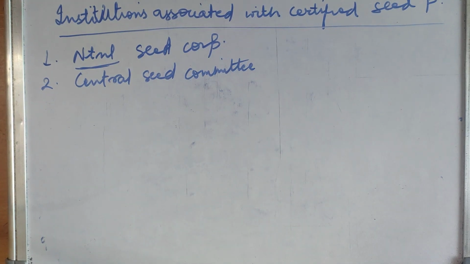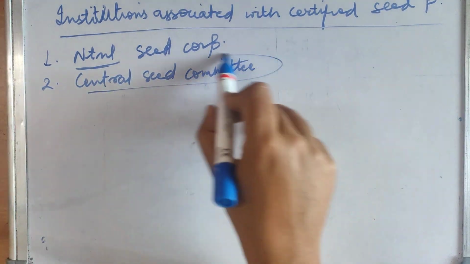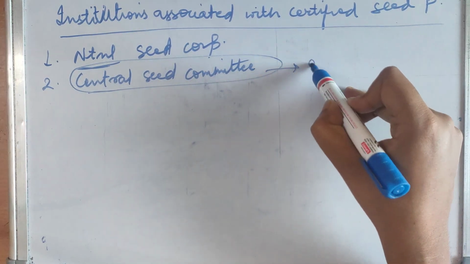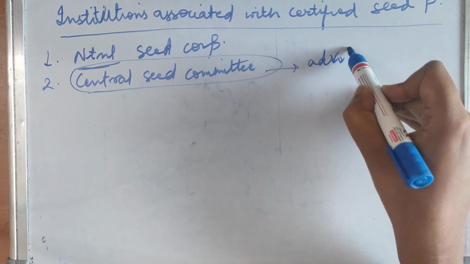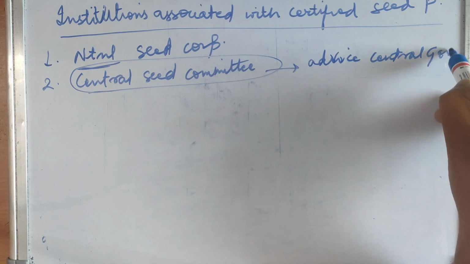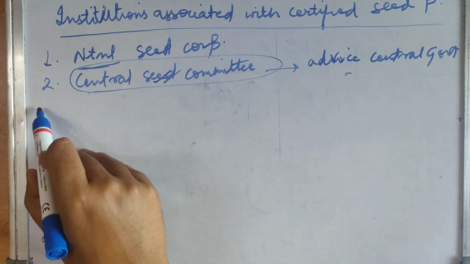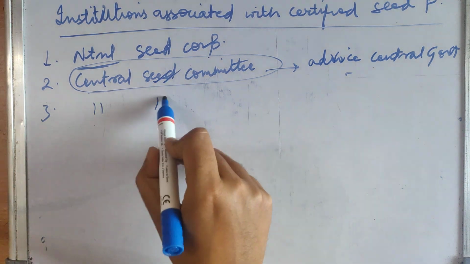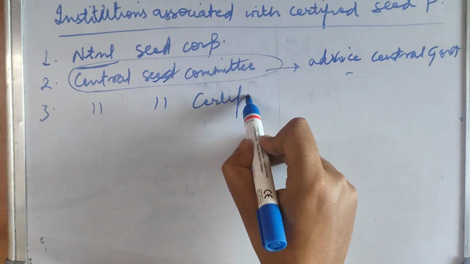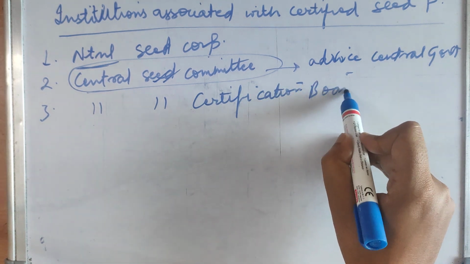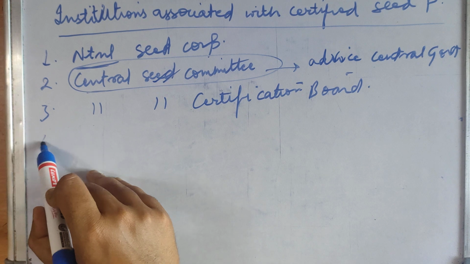This Central Seed Committee advises central government on all matters related to seeds. Third is Central Seed Certification Board. Then State Seed Certification Agency.